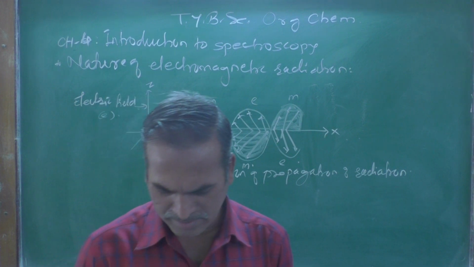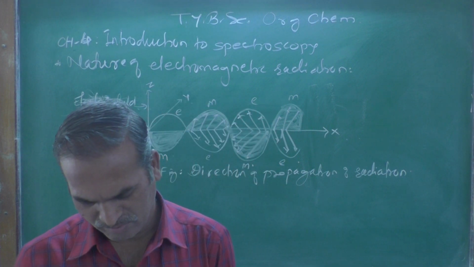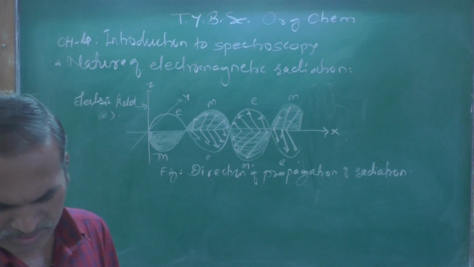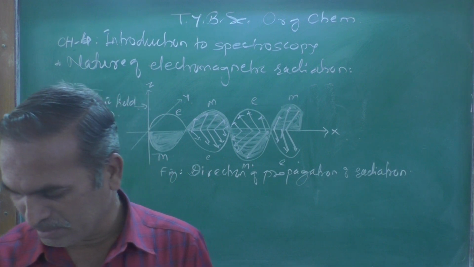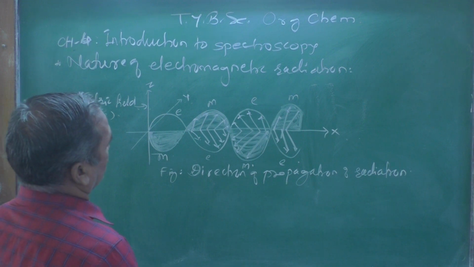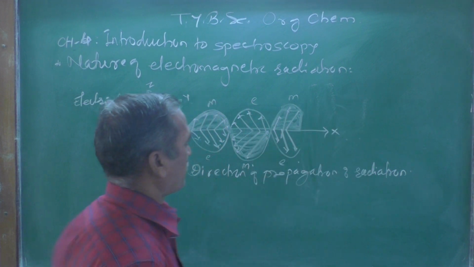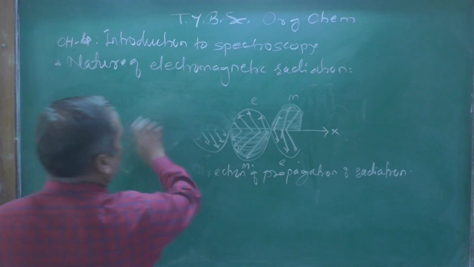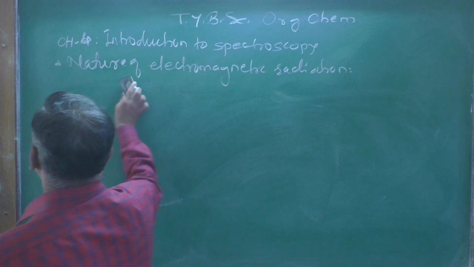Let us examine some of the parameters of the waves. The first parameter is wavelength. This indicates the direction of the propagation of the radiation, how the wave propagates along the x-axis that we have seen right now.